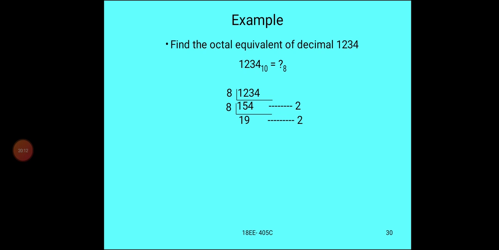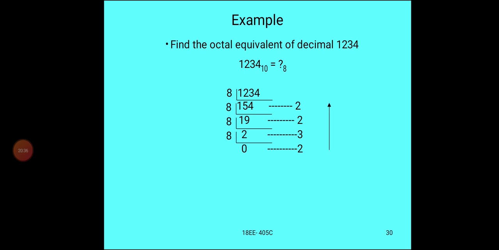Quotient is 19. Remainder is 2. 19 again is divided by 8. Quotient is 2. Remainder is 3. 2 divided by 8. Quotient is 0. Remainder is 2.